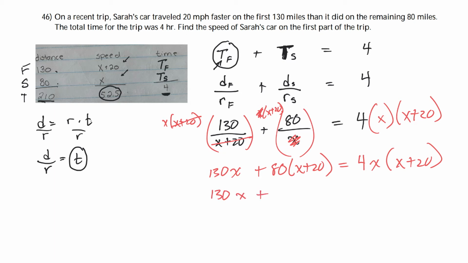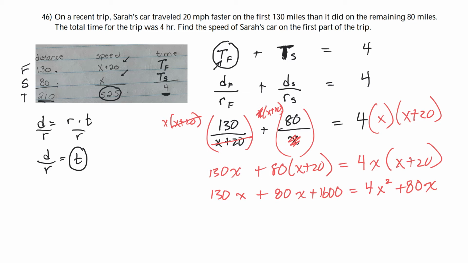130x plus 80x. Also, feel free to stop at any point along here if you say, oh, I got it from here, Jeff. And then you can finish off and see if I get it right. 4x squared plus 80x. Okay, so there's an x squared on the right.